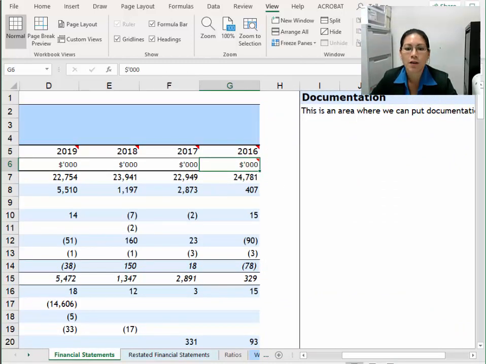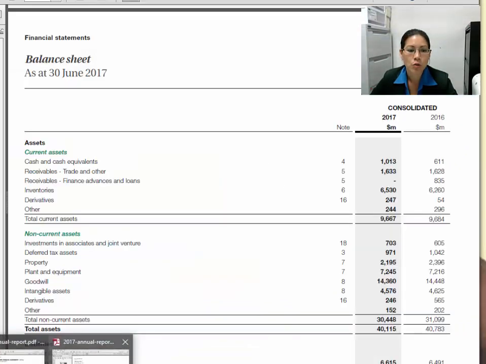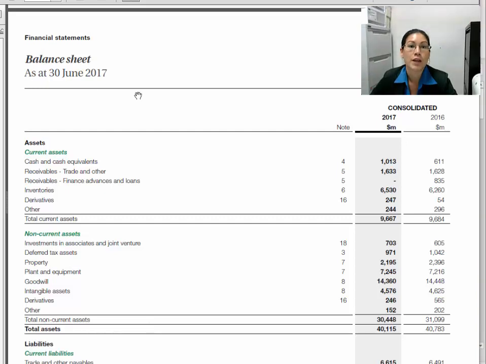You can easily find that by going to your annual reports, your financial statements, and have a look at what they're actually denominated in. So any of the financial statements will tell you what they're listing the numbers in. Wesfarmers' case, they're listing their figures in millions of dollars. So I can read this figure as 1.013 billion or $1,013 million.